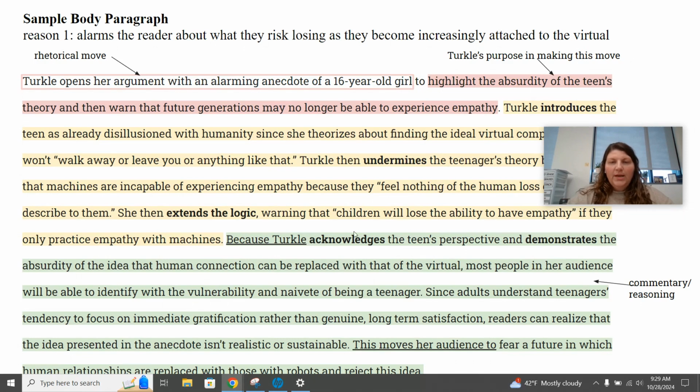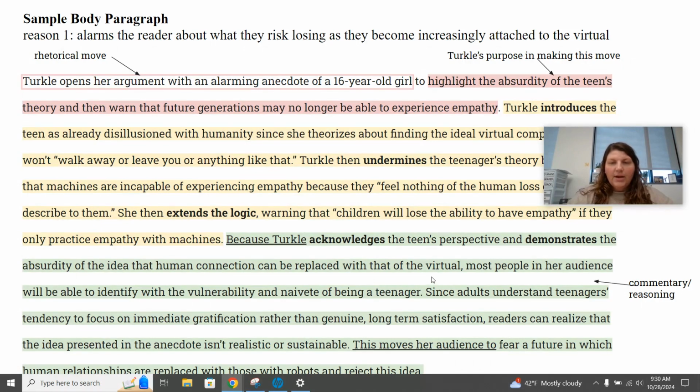So what she is doing is acknowledging the teen's perspective, like this is what teenagers or some teenagers think, and demonstrates that that idea is absurd. That goes back to this undermining here, because these robots cannot actually experience empathy and they feel nothing of human loss, etc.